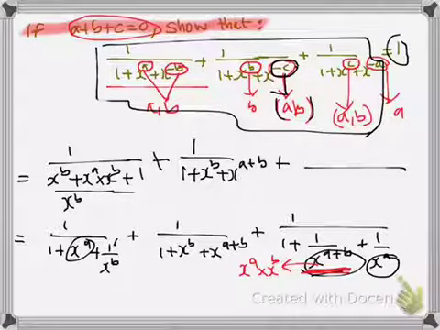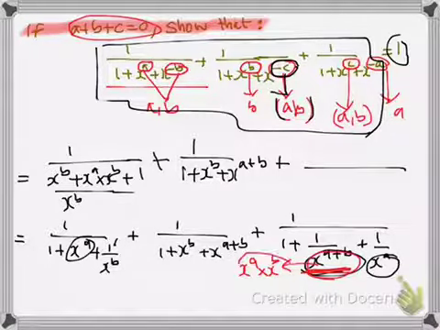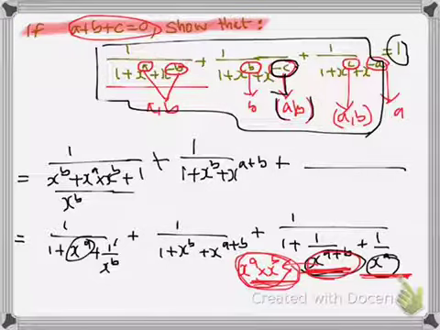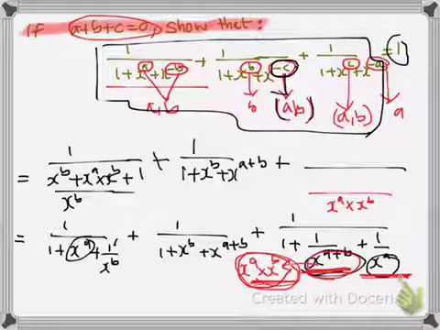So the LCM of x to the power a and x to the power a times x to the power b is x to the power a times x to the power b.